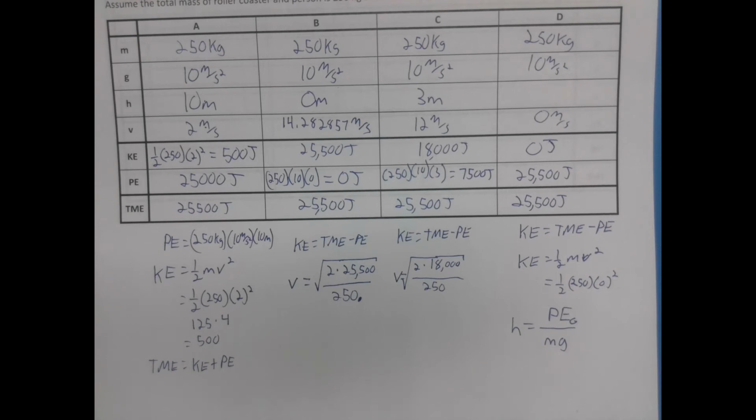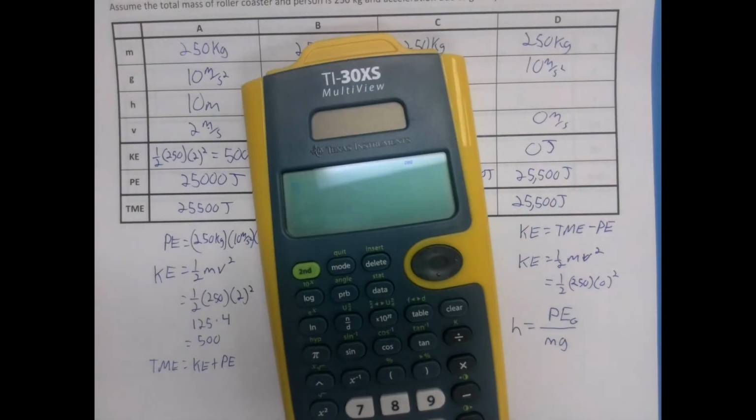Everyone get an answer? What'd y'all get? 102. Are you sure you're reading it right? Oh, did you include the G? So, using y'all's calculator, the potential energy is 25500.